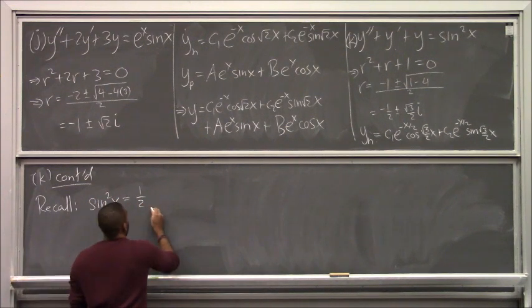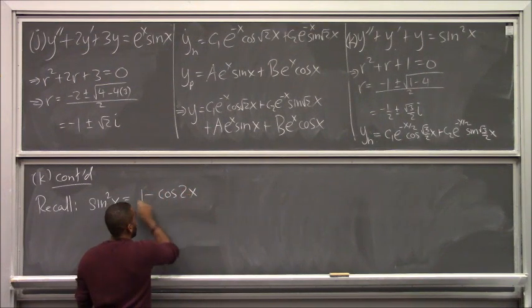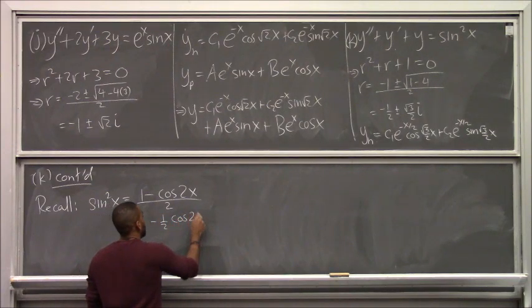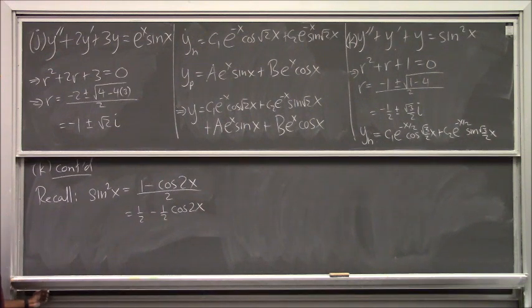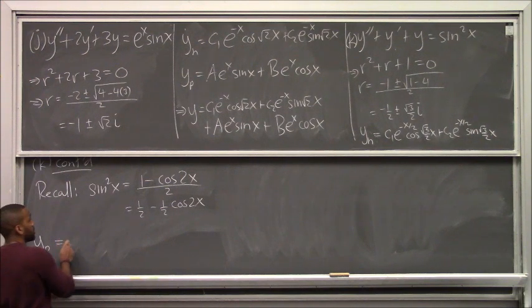All of it divided by 2, or 1 minus cosine 2x all over 2. Yes, you can write it as 1/2 minus 1/2 cosine 2x. And so what would you choose for your yp in this case? A plus B cosine 2x plus C sine 2x.